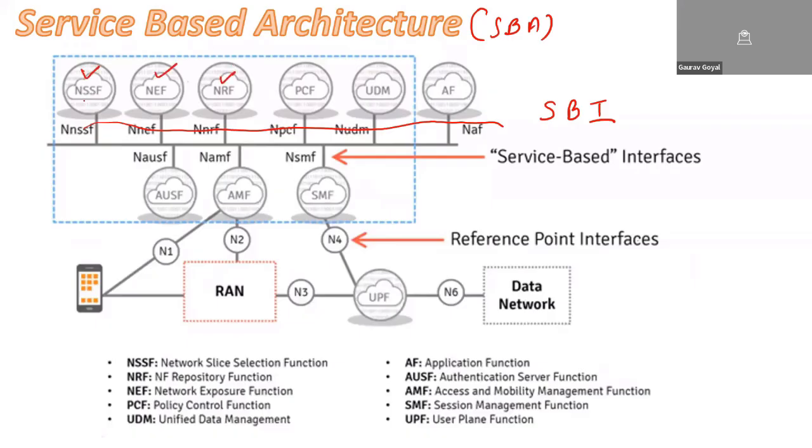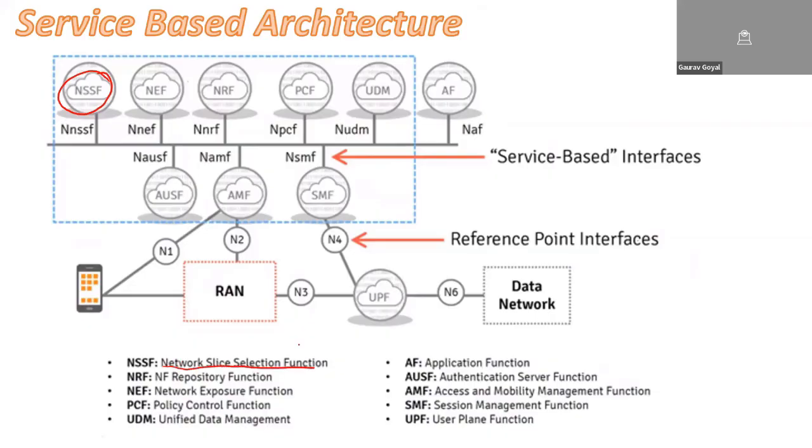The first function is the NSSF, which is the network slice selection function. This function is related to network slicing. NSSF helps in setting up multiple virtual network slices of the RAN, core, and transport networks. The main aim is to meet specific service requirements with the help of software.